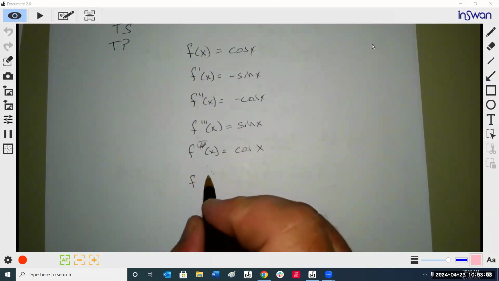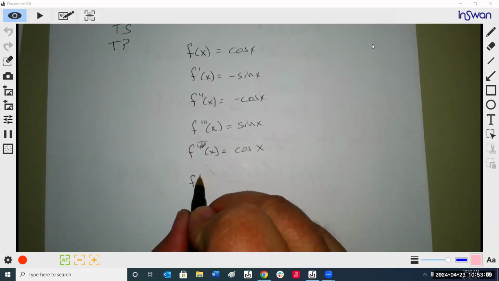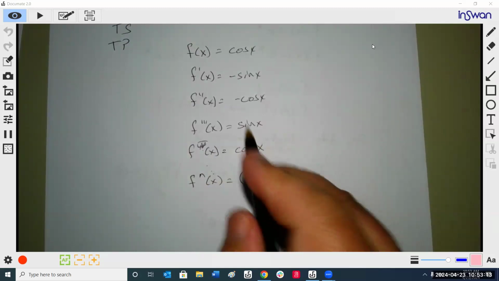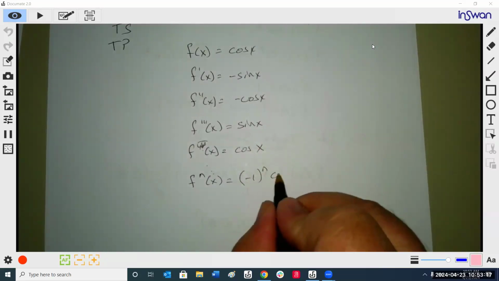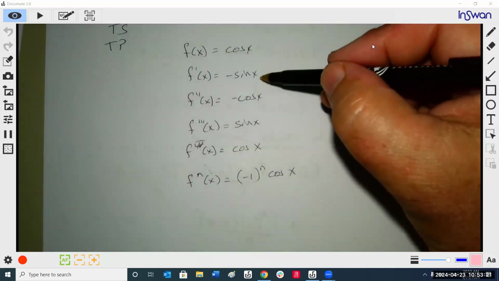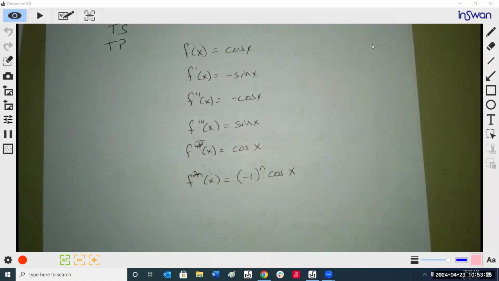So f to the power n is negative 1 to the n times cosine x. But it goes in twos, so I have to double it.